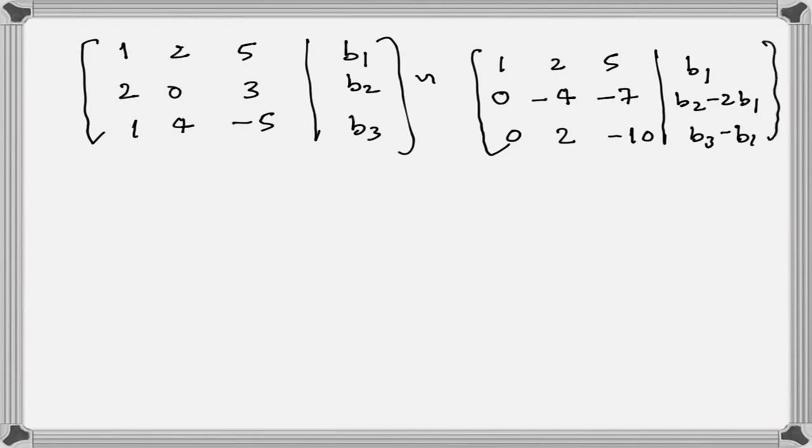Okay, so next we'll do the elementary row operation. Let me write what operation we used: r2 minus 2r1 and r3 minus r1.